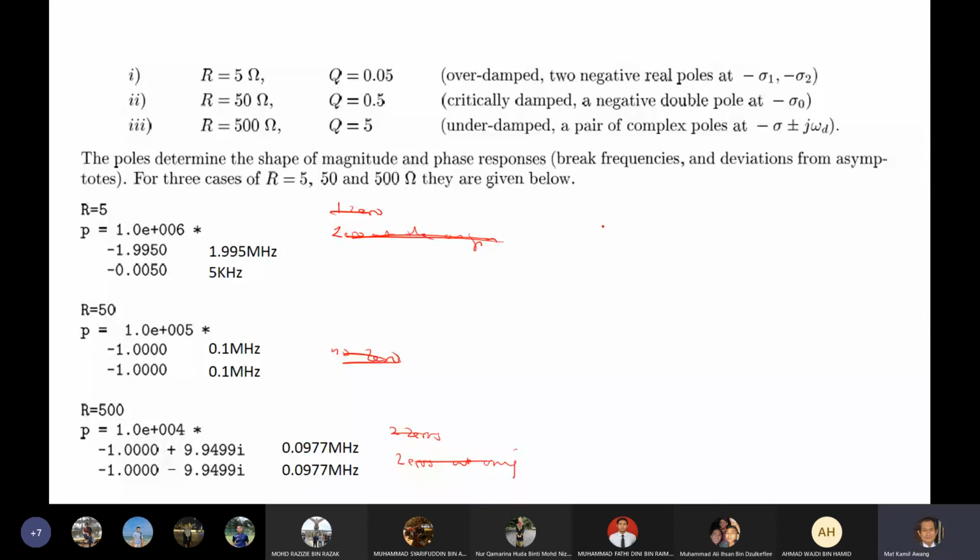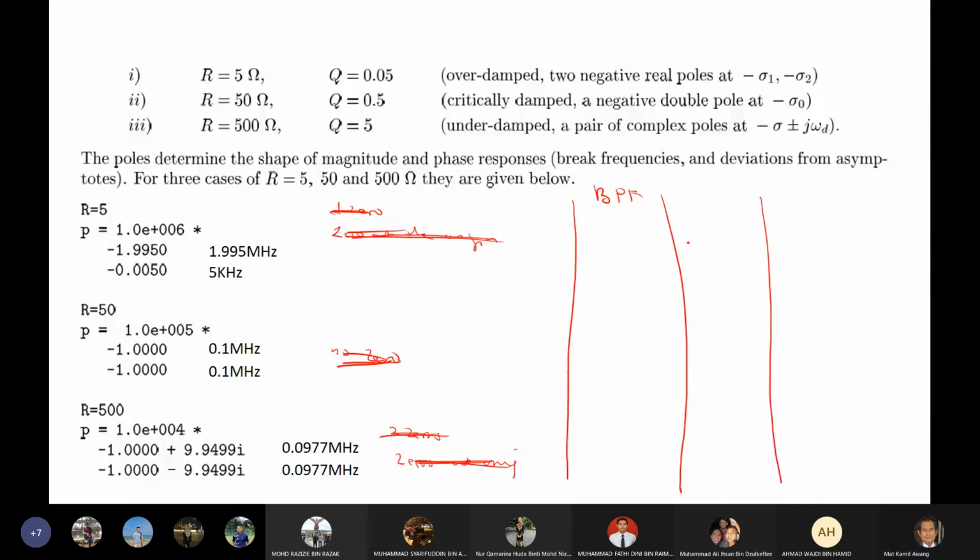Okay, I erase this, let me put here the band pass, low pass, and high pass filter. For band pass, you have 1 zero, low pass no zero, and these 2 zeros just now. Right? Same thing all. Right?